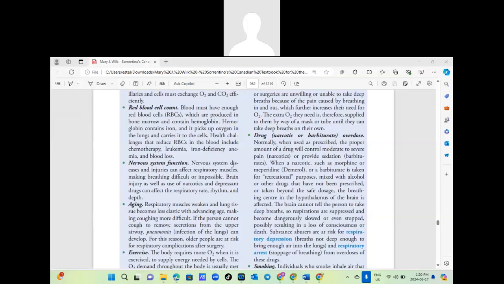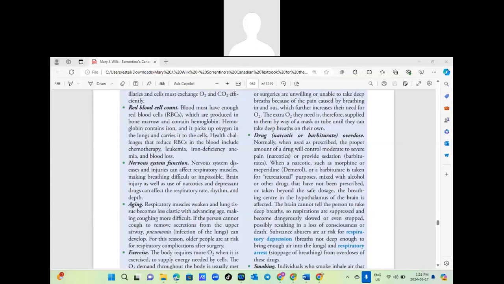Okay, so next is the nervous system function. When we say nervous system, the spine and the brain. Nervous system diseases and injuries can affect respiratory muscles, making breathing difficult or impossible. Brain injury as well as use of narcotics and depressant drugs can affect the respiratory rate, rhythm, and depth.